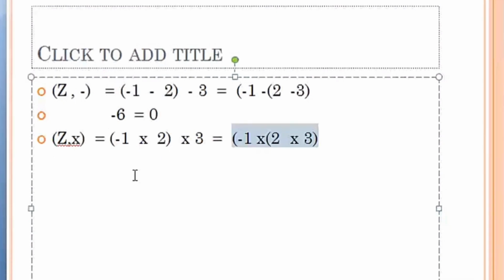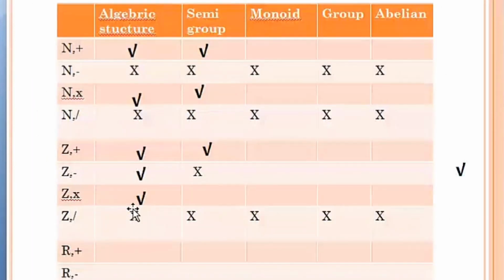All the values are going to be minus 2, minus 6. And here 6 into minus 1 is again minus 6. So we are always going to get the same result. That means multiplication with respect to integers proves out to be a semi-group.